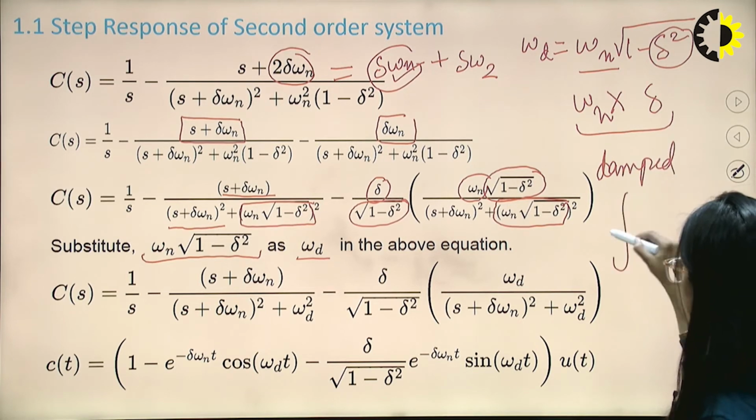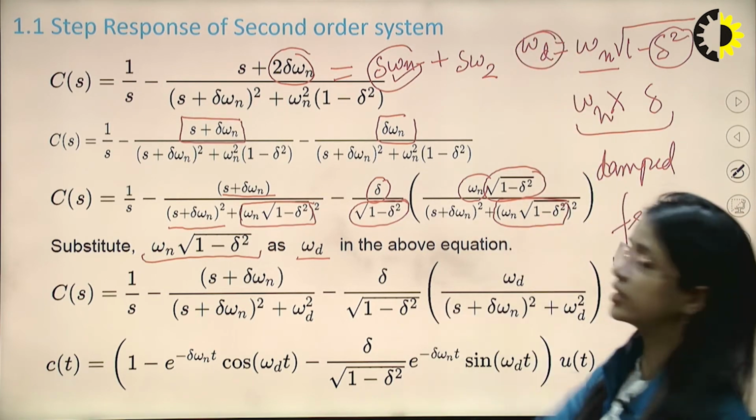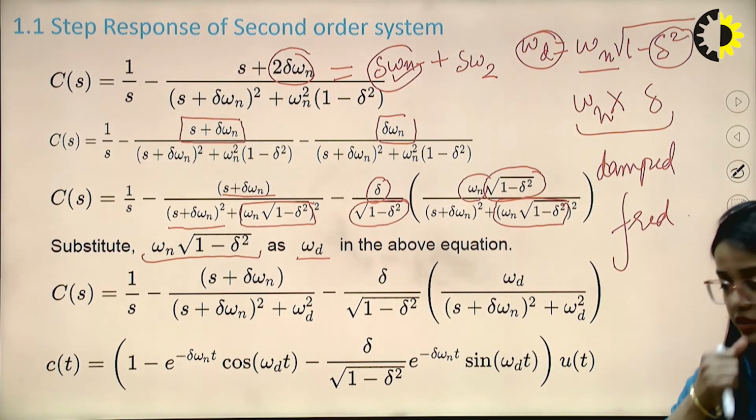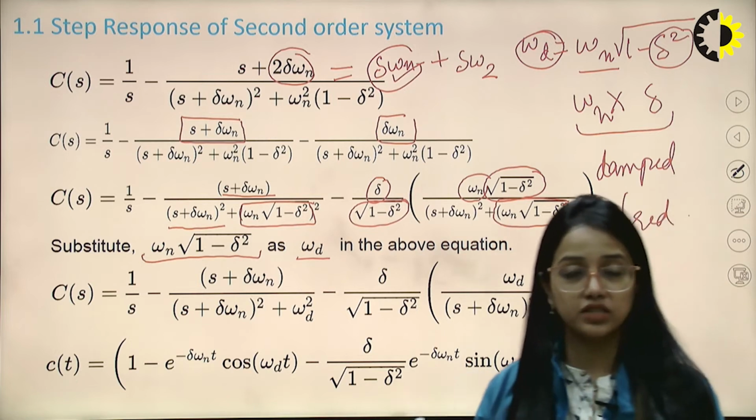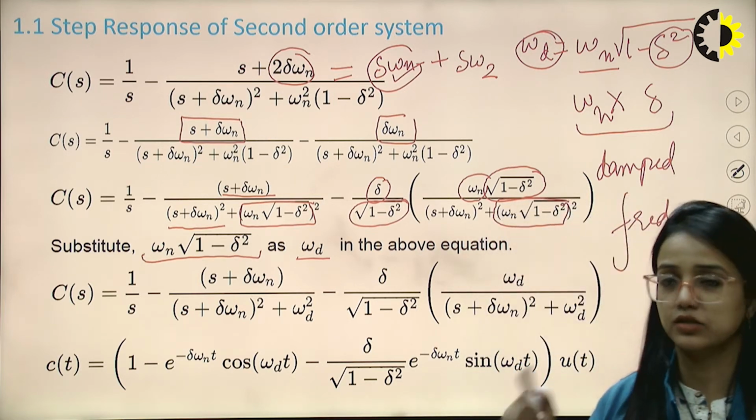Damped frequency means omega d. So the substitution is like that: omega d, which is the damped frequency, equals omega n root over 1 minus zeta square.